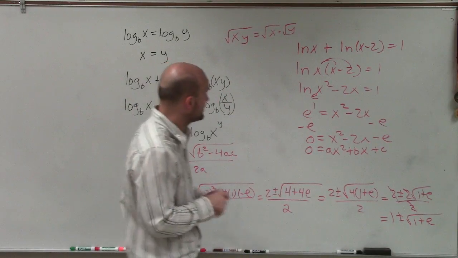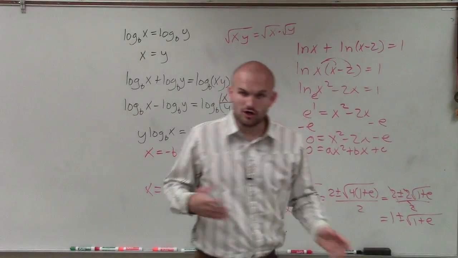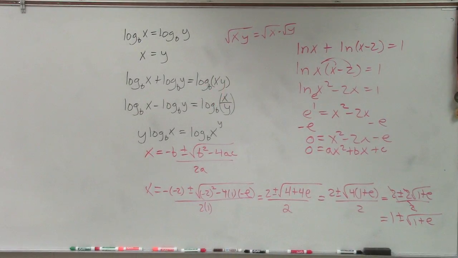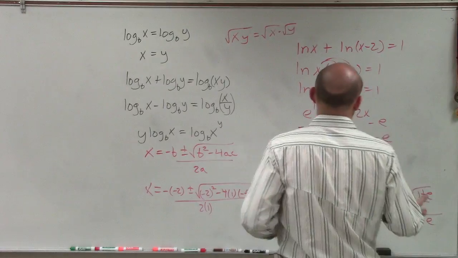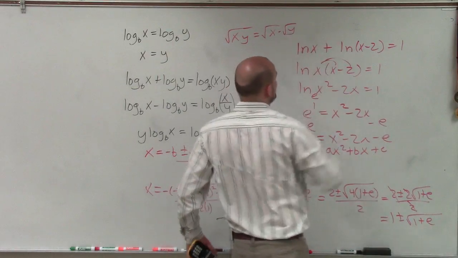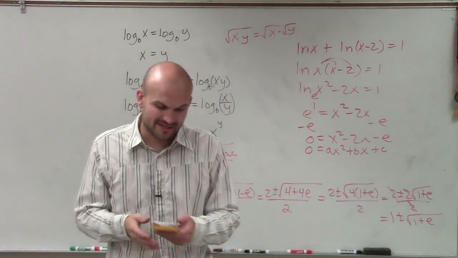Now, ladies and gentlemen, when we go back and look at our original equation, we know that if we have a negative value for our solution, it's going to be extraneous, because if you plug in a negative value for ln of x, it's not going to be a solution.